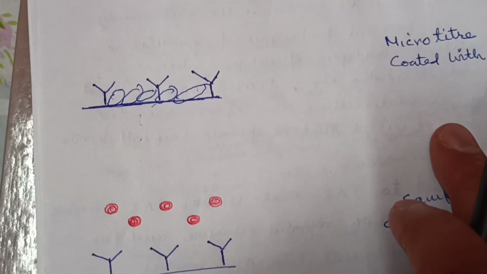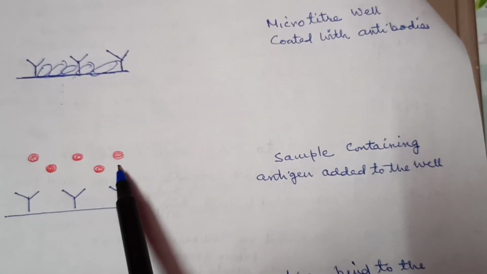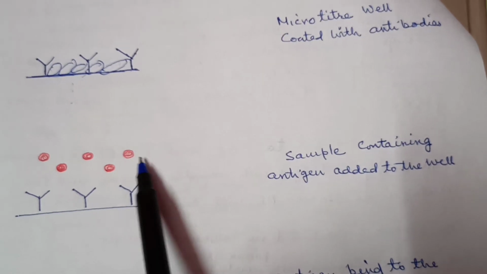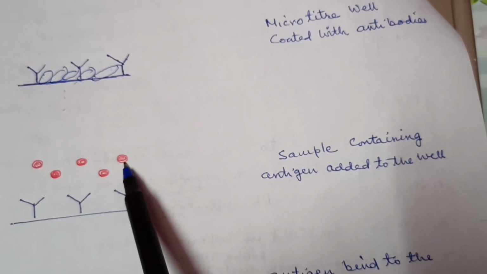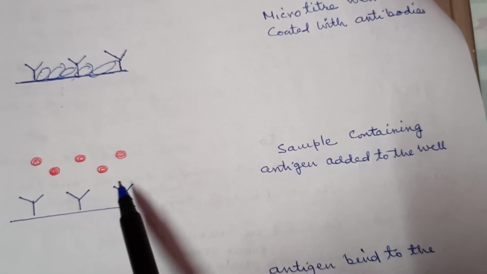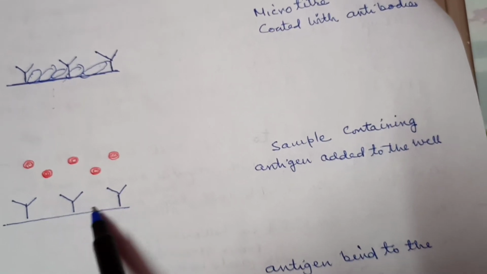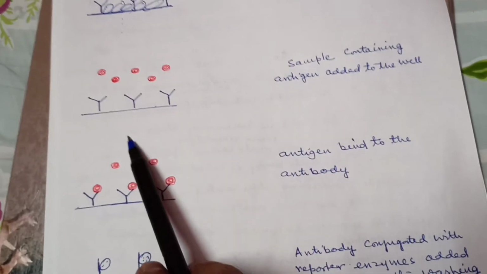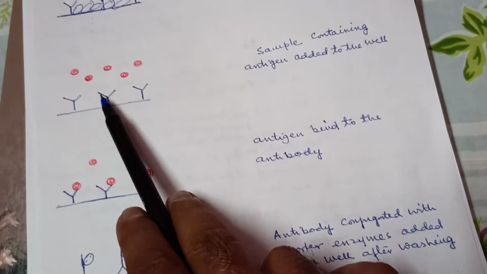We have already discussed the role of the blocker, and then a sample containing the antigen is added to the well. These are the antigen, and these are the antibodies which trap the antigen, coating the bottom of the well. Here the blocker is present.